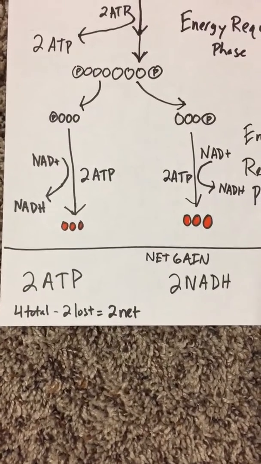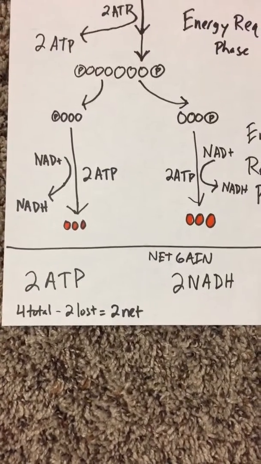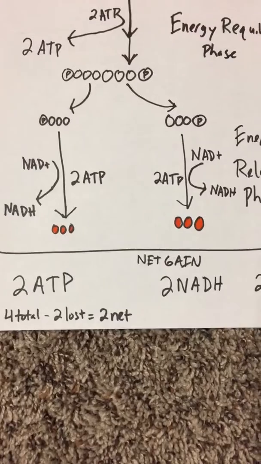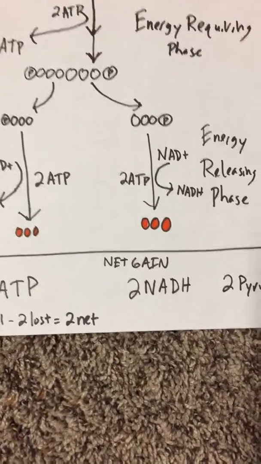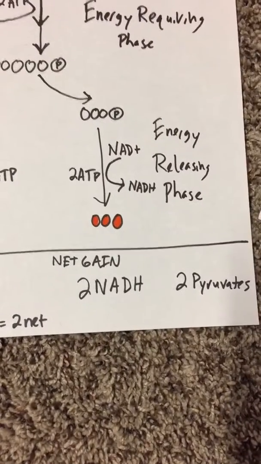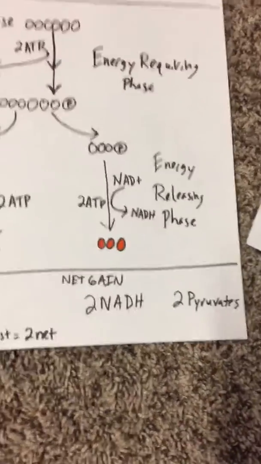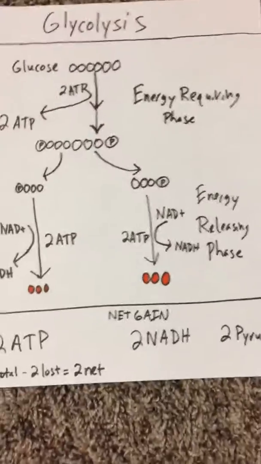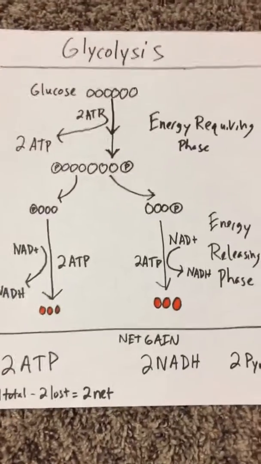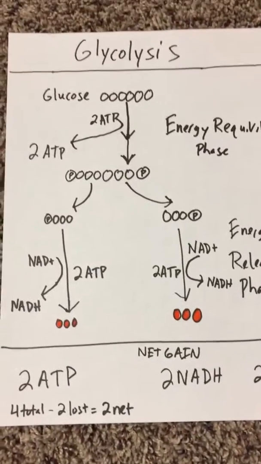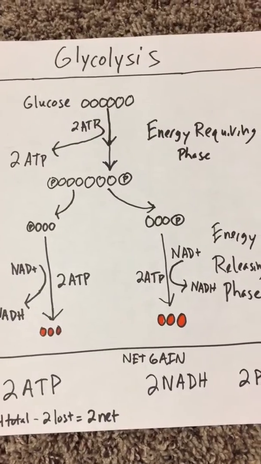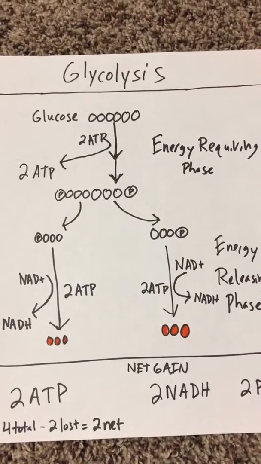So 4 produced minus 2 used up leaves us with 2 at the end. 2 molecules of NADH, and then the 2 pyruvates. And if oxygen is available, and it is when we're talking about cellular respiration, pyruvate can be broken down and oxidized into CO2 in the cellular respiration process.